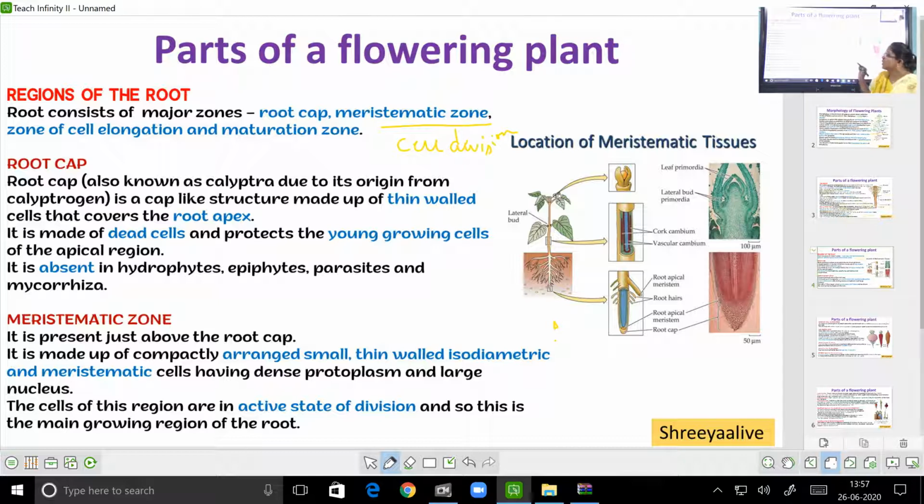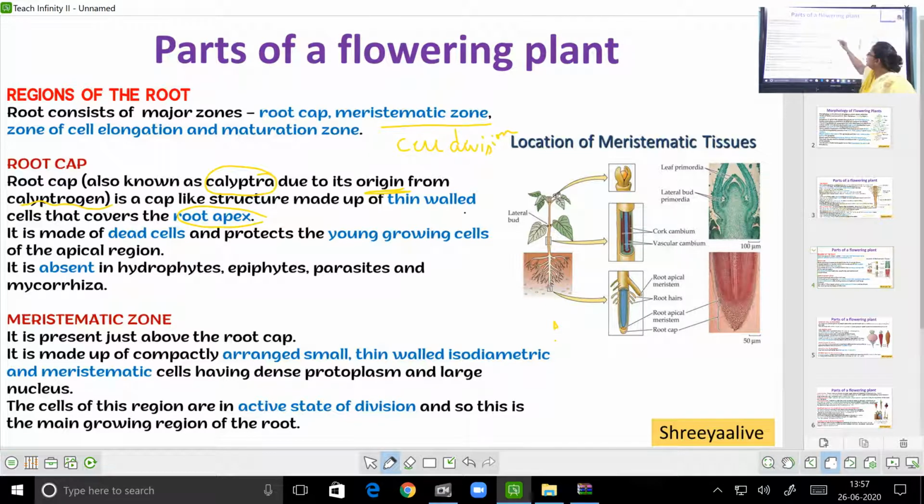To start, we will be studying the root cap. The root cap is also known as calyptra because it originates from the calyptrogen. This root cap is a cap-like structure. The main function of this root cap is to protect the root tip or root apex.